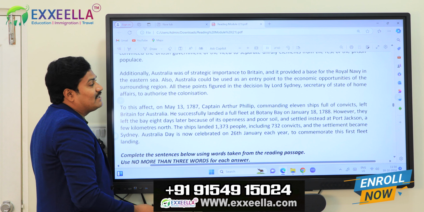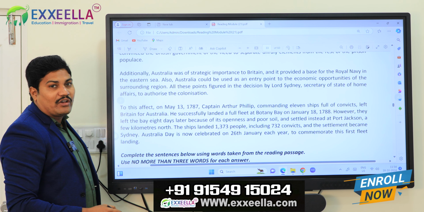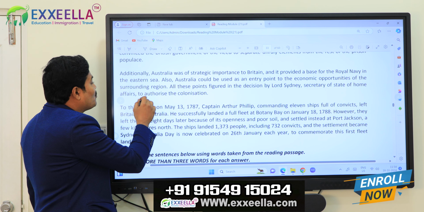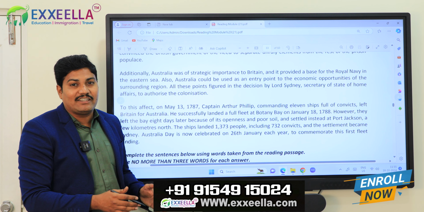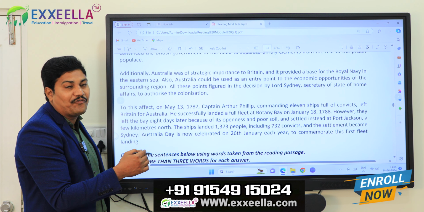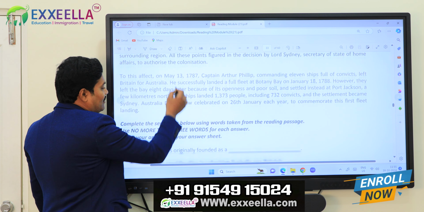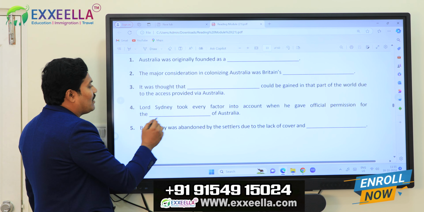The keyword Lord Sydney is also mentioned: Secretary of State for Home Affairs, to authorize the colonization. So Lord Sydney took every factor into account and gave official permission to colonize Australia. So the answer is colonization. That is the answer for the fourth question.